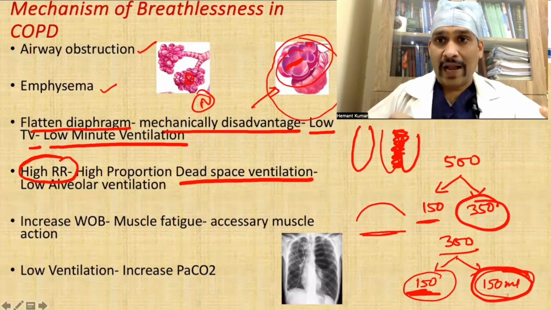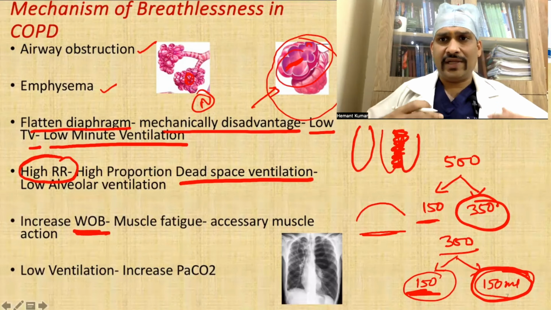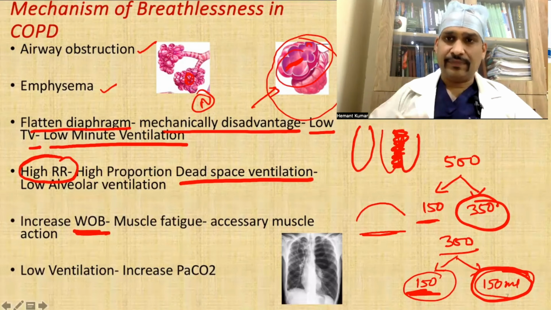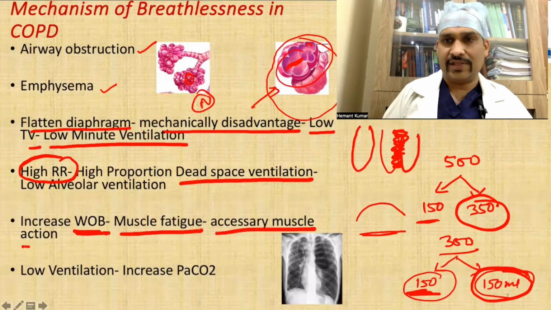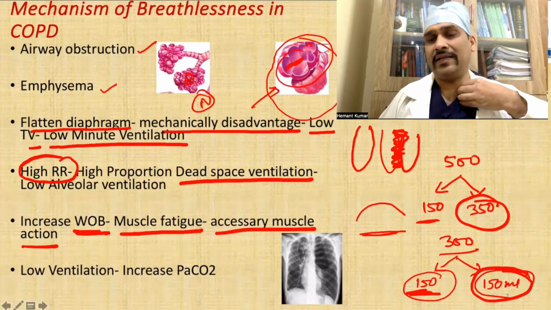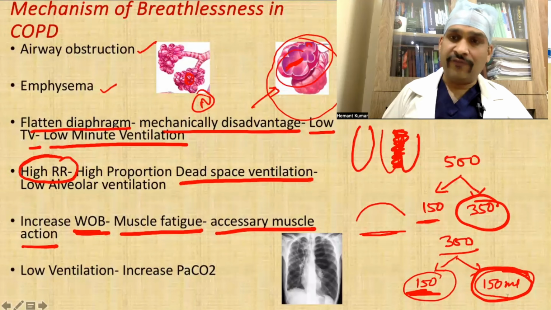Because of high respiratory rate, there will be increased work of breathing. The patient will get tachypnea. And what will happen? Muscle fatigue will be there, and the patient will use accessory muscles like the scalene, and the abdominal muscles. And what will it cause?